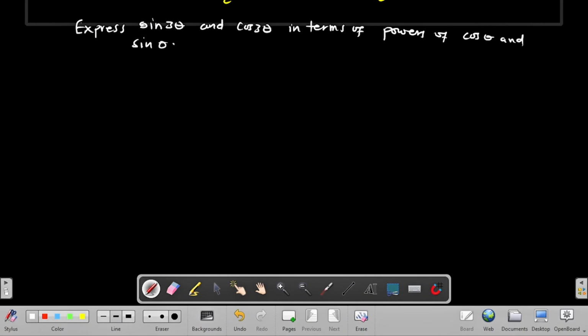So there's a problem. We have to express sine 3 theta and cos 3 theta in terms of cos theta and sine theta. Let's see how we can solve this problem.